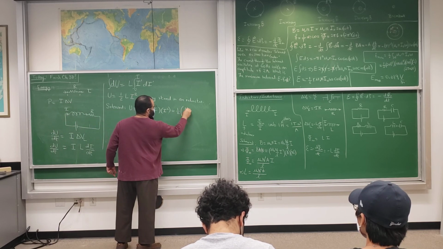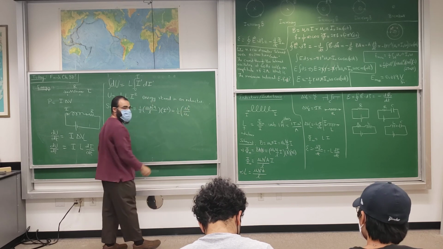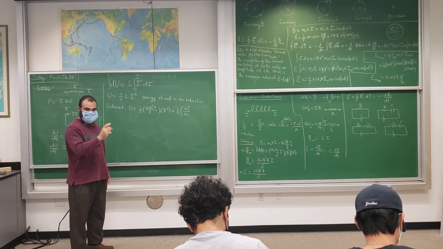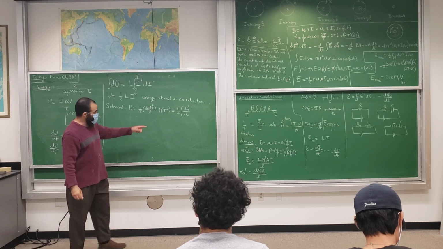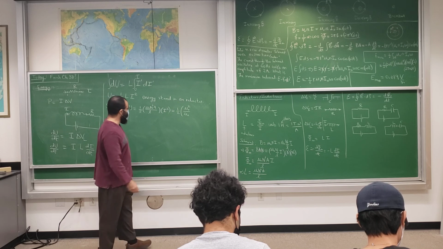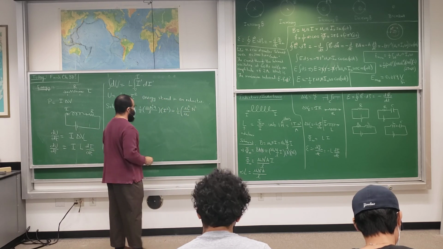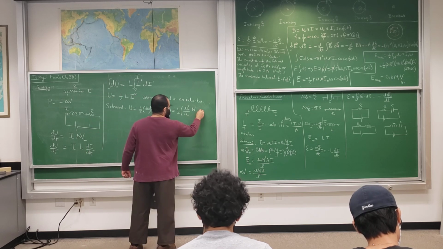I'll put mu naught squared, but I'll put a mu naught below it, so it stays mu naught. You will see why in a second. But this is legal, right? Mu naught squared over mu naught is still mu naught. I didn't change anything. N squared, we're going to leave alone. And we're going to multiply by an L.